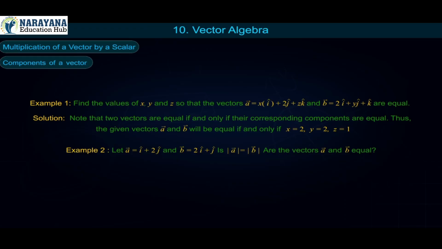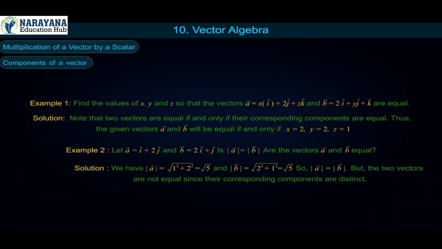Example 2. Let vector A is equal to i cap plus 2j cap and vector B is equal to 2i cap plus j cap. Is modulus of vector A equal to modulus of vector B? Are the vectors A and B equal? Solution.